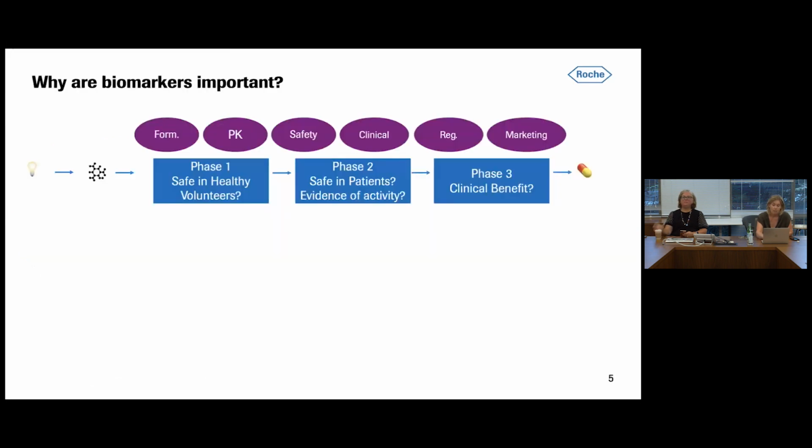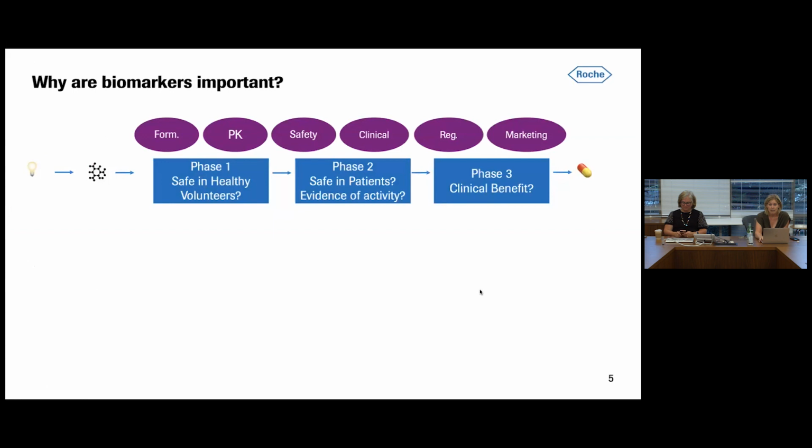And why are biomarkers so important in clinical development? In this course, you will learn about the different functions and the different roles of the different groups in each phase, as molecules progress from discovery all the way through launch and the different clinical phases. Every part of this is really important for successful development, as you will hear.